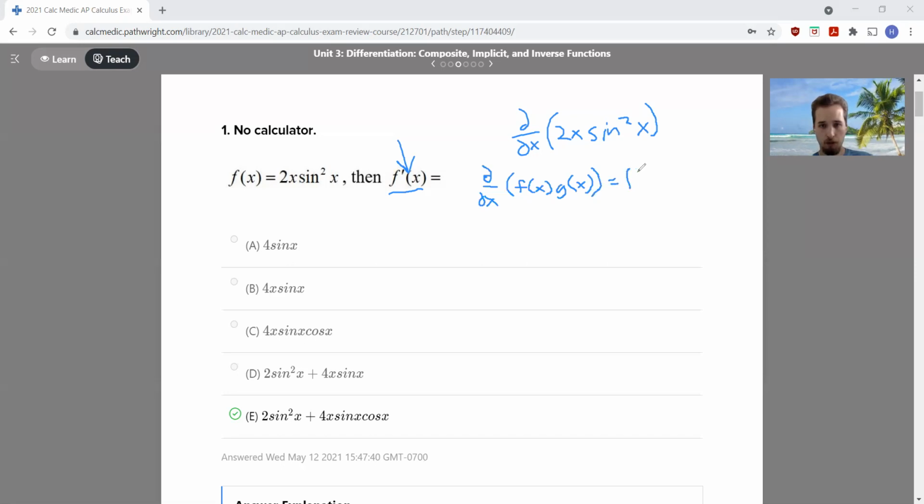That's equal to f prime times g plus g prime times f. Okay, so if we have f as 2x, well, the derivative of f is just 2. And then we just leave g alone, which is sine squared x.